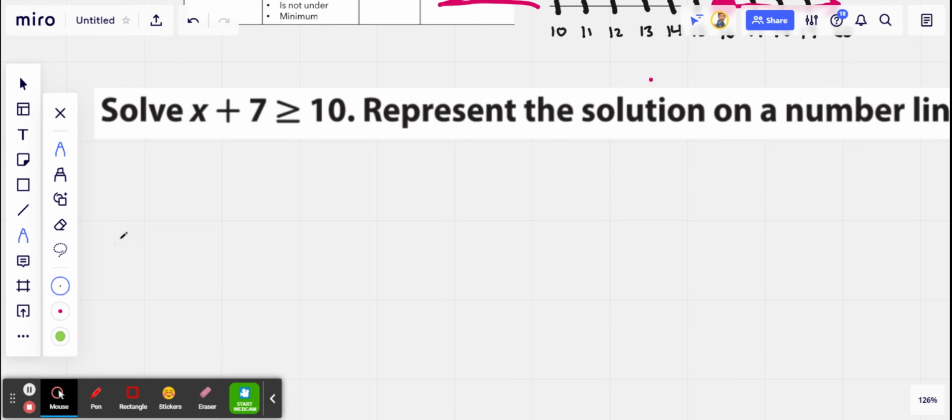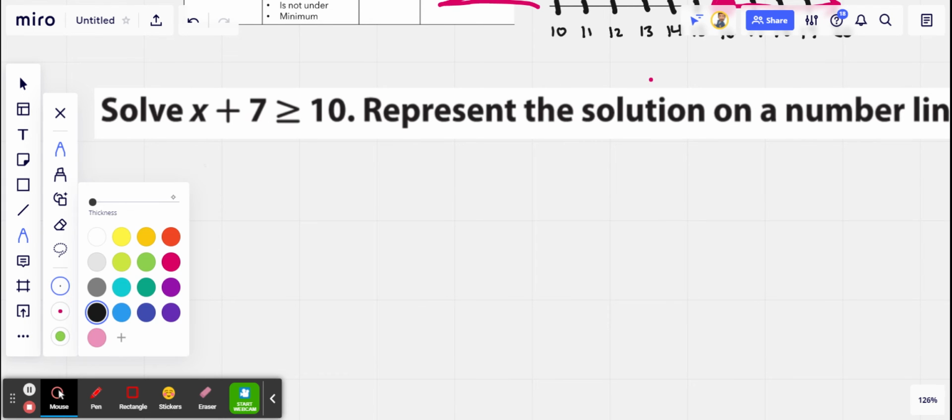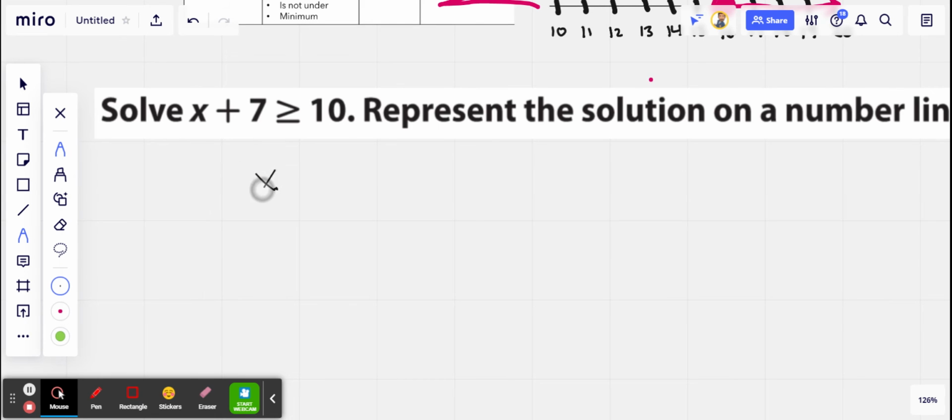So all we do is, the inequality symbol, we are going to treat it as an equal sign, just like we did when we solved equations. The rule is what you do to one side of the inequality symbol, you do to the other side, just like you did with an equal sign. Step one is to isolate the variable.